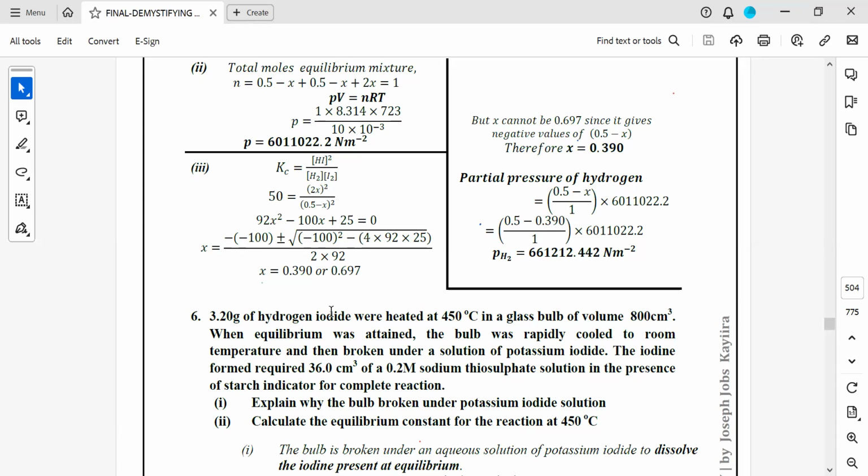So I would want to hear from us before we begin calculating. Explain why the bulb was broken under potassium iodide solution. Who can tell us why they think the bulb was broken under potassium iodide solution?